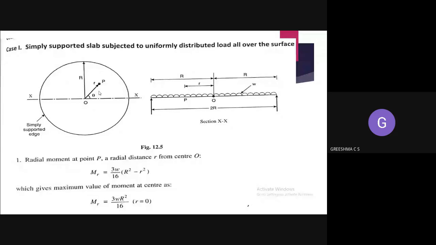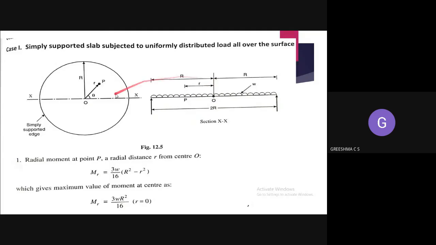Now we are taking a section over here. You can see this is a section XS. Both sides will be simply supported. This is the center O. This is the load W that is uniformly distributed. This will be your r direction.